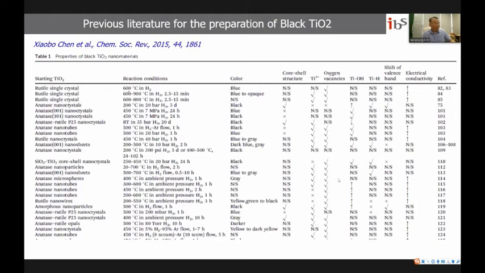Here are the conditions: there are conditions over 600 degrees, and 200 Celsius is the lowest temperature.